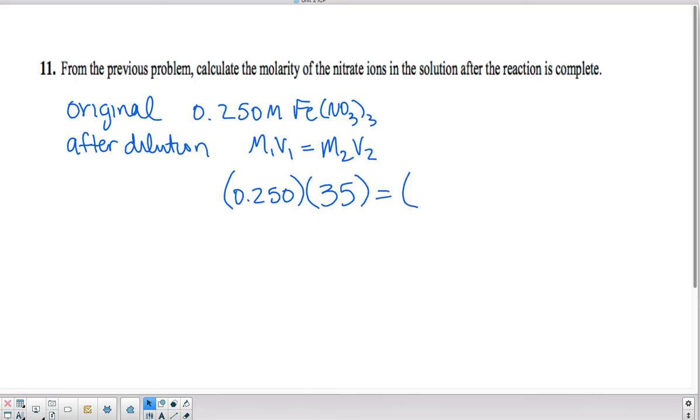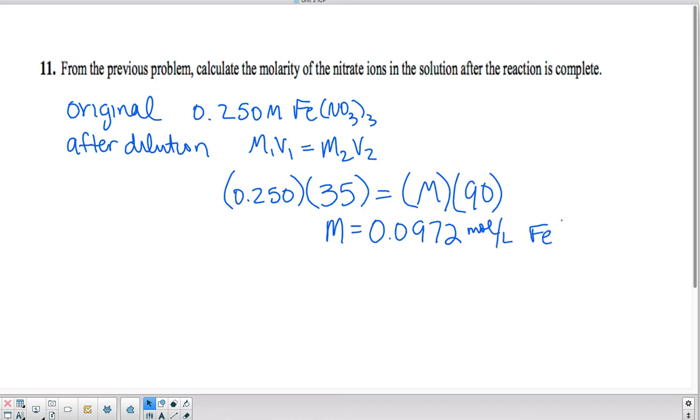Equals what is the molarity after I dilute it to a total of how many mils? The final solution is how many mils? 90. All right, so we got to find this new molarity. I got it to be 0.0972. And this is, again, the new concentration of my iron 3 nitrate.